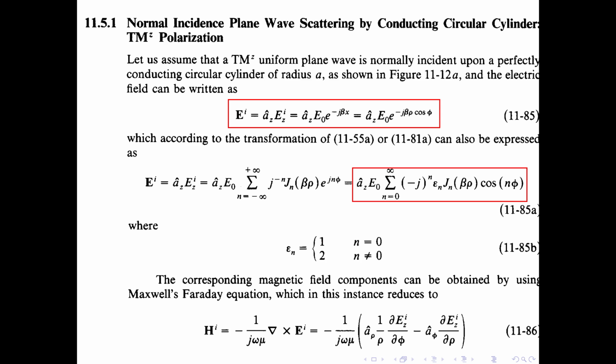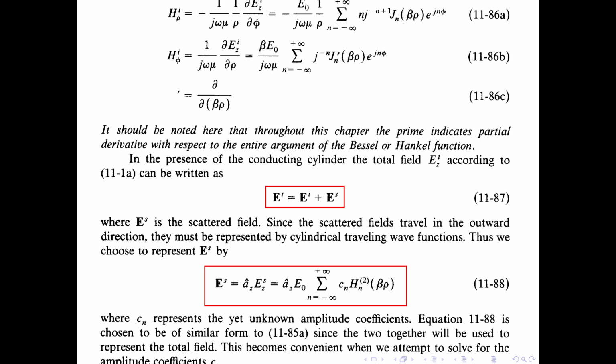And we can also obtain the incident magnetic field as the curl of the incident electric field, as we can see here. Now we have to apply the boundary condition to the total field. The total field is the summation of the incident field plus the scattered field, where the scattered field is the field due to the equivalent currents on the surface of the scatterer.